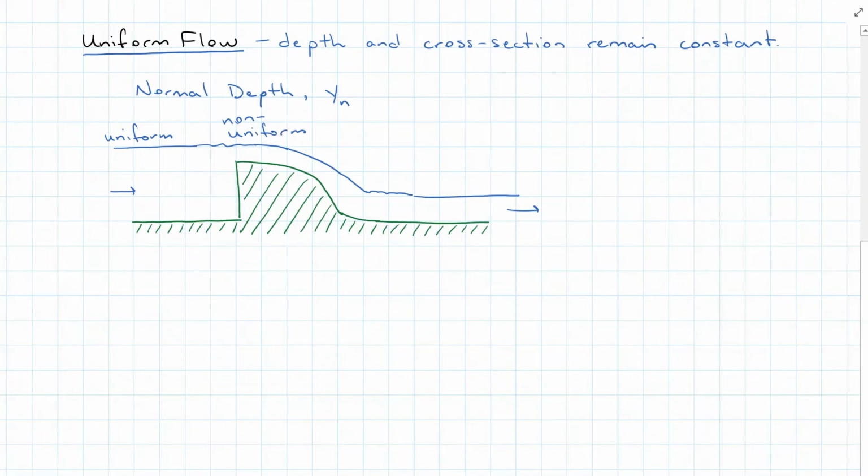And then as it goes over the spillway, it eventually gets back to uniform. And then it hits the bottom of the spillway, back to non-uniform. And then eventually as it goes down in our new channel or river, it'll get uniform again.